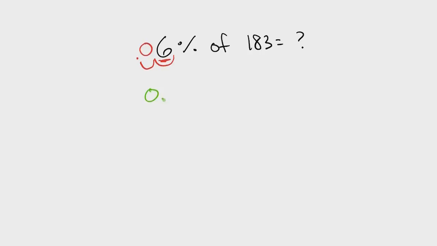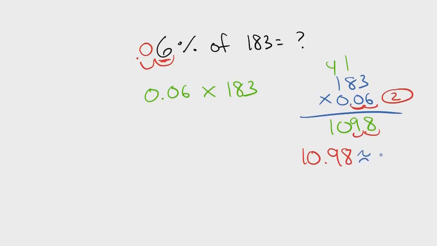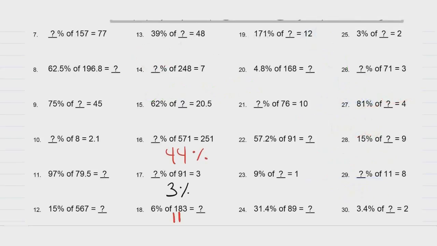This becomes 0.06 of is times 183. We just do a simple multiplication problem. And then I put the decimal 2 spaces back. I get 10.98, which is approximately 11, very close to 11. The answer is 11. All right, you try to do problem 19, 20, 21, 22, 23, and 24.